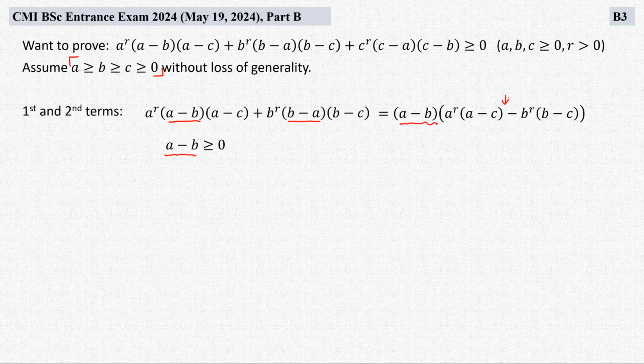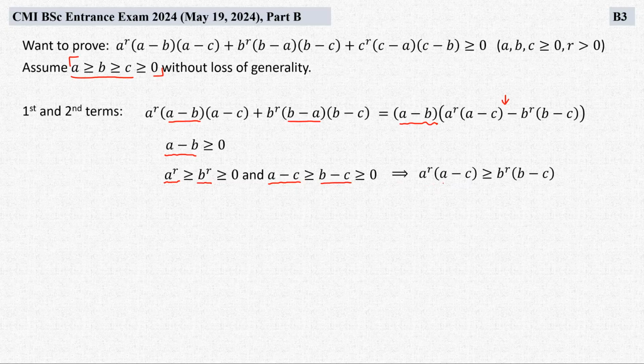As for the second factor, since we have the ordering a is greater than or equal to b and b is greater than or equal to c, we also have a to the power of r is greater than or equal to b to the power of r and both are non-negative, and a minus c is greater than or equal to b minus c and both are non-negative. This gives a to the power of r times (a minus c) is greater than or equal to b to the power of r times (b minus c). So from these two, we know that the first two terms are non-negative.